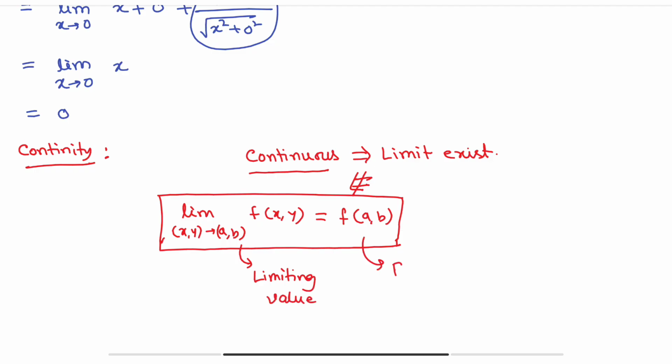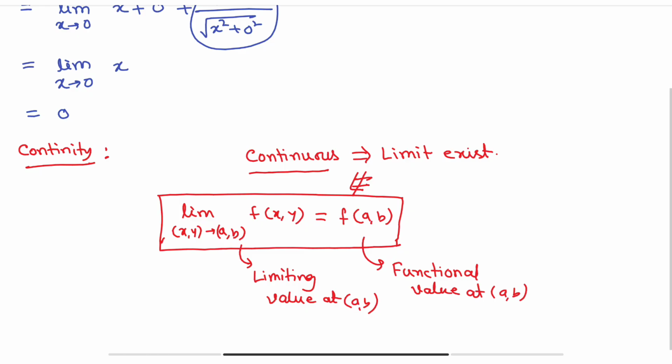So if for a given function f, the limiting value at (a, b) and the functional value at (a, b) are equal, then we can say that the function is continuous.